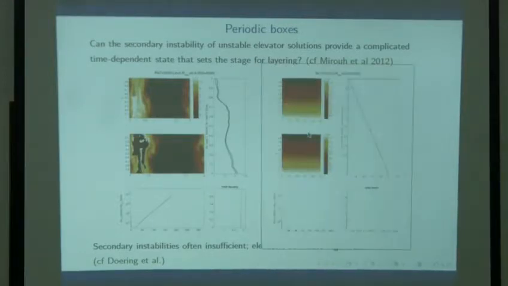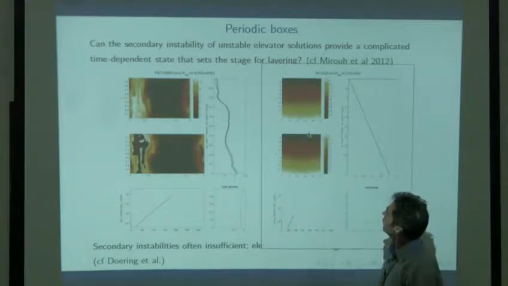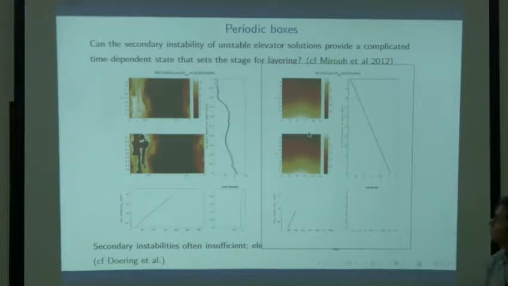There were some situations where we did actually manage to get the secondary instabilities to saturate. So here we've got a linear instability that's growing exponentially. At some point, you'll see secondary features appearing. So that's the secondary instabilities, and they do successfully halt the growth in this particular case.